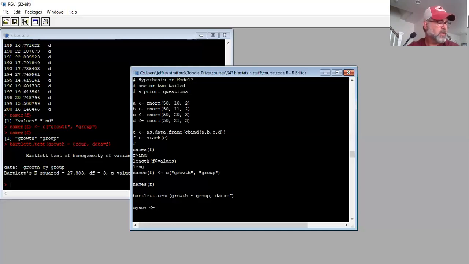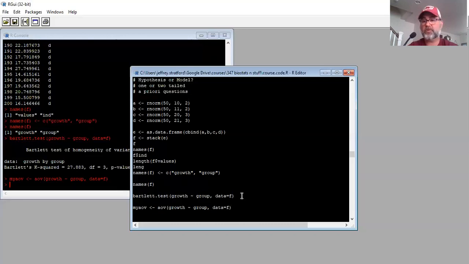And what we'll do, we'll set it up. So we'll do AOV, and we want to do growth by group. So it's the same thing as the Bartlett test. Data equal F. Run that. All goes well, nothing happens. So you can see in the R console that nothing's happened.